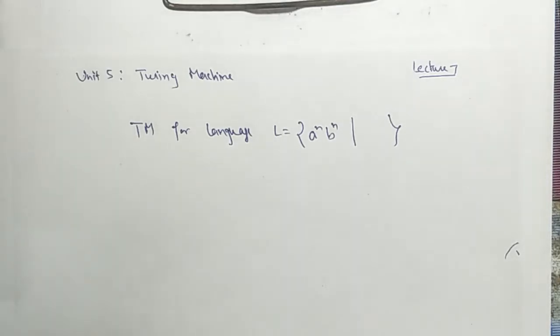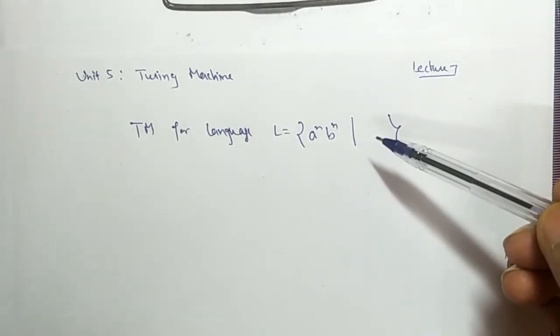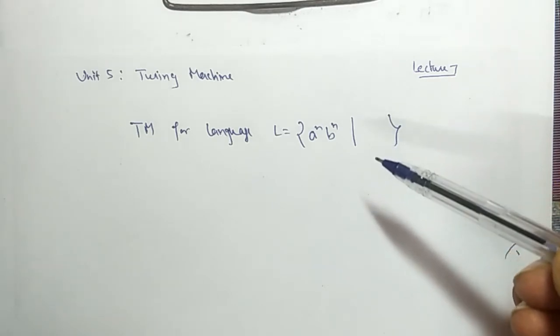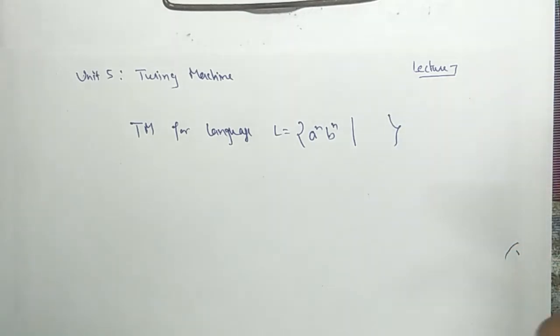Welcome everyone to lecture 7 of Unit 5, Turing Machine. In this lecture we will design a Turing Machine for the language L = a^n b^n for some conditions; the condition may be n ≥ 1, n ≥ 2, n ≥ 0.